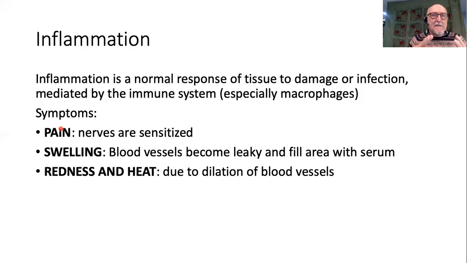They become very, very sensitive, and the pain threshold falls so that what would not normally cause pain at that area now actually begins to really produce a sharp response. And this is due to hormones released by the macrophages.